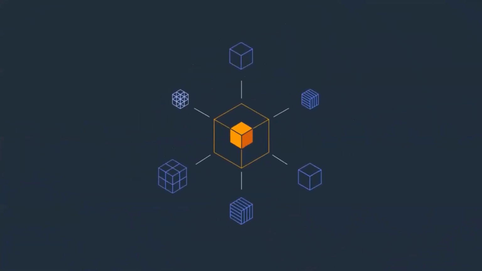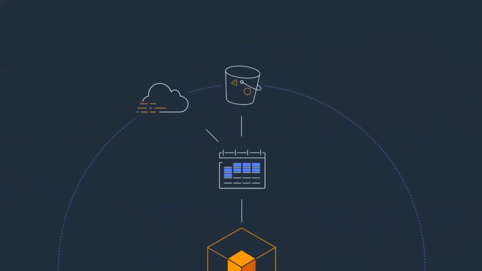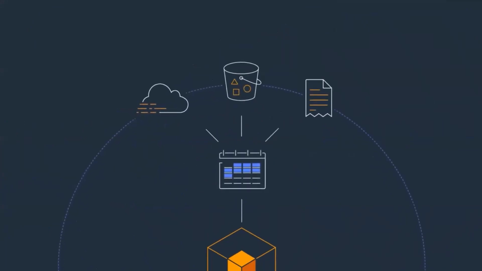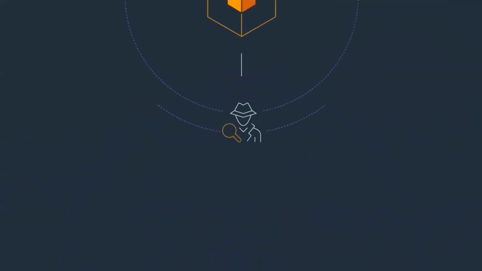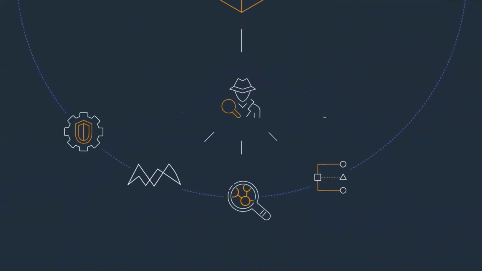How can AWS help? We have Amazon CloudTrail, S3 Access, and VPC flow logs to track event history. Amazon Detective to investigate and determine root causes. And monitors such as Amazon GuardDuty, Macie, IAM Access Analyzer, Inspector, and Security Hub.